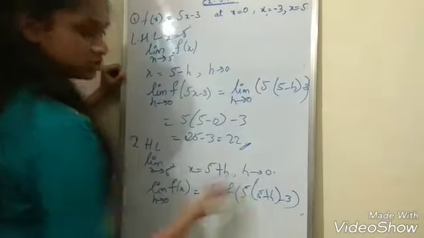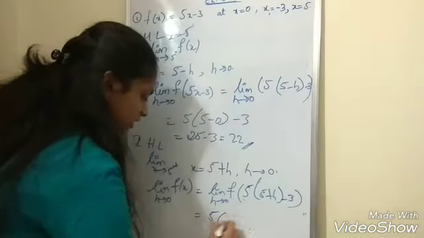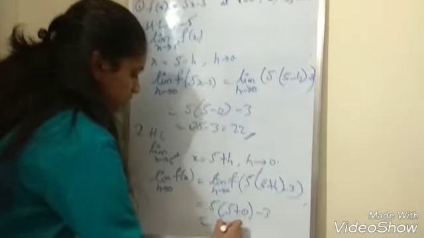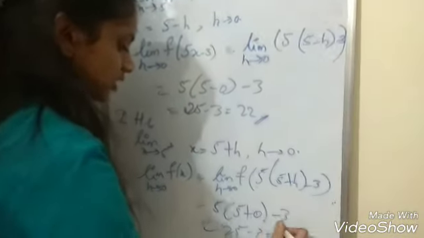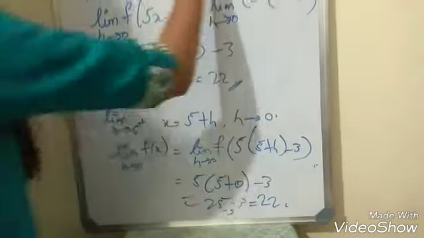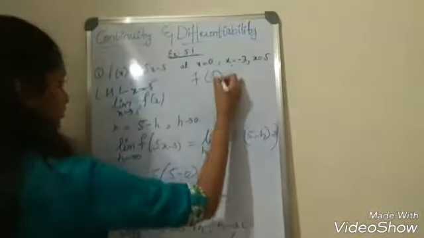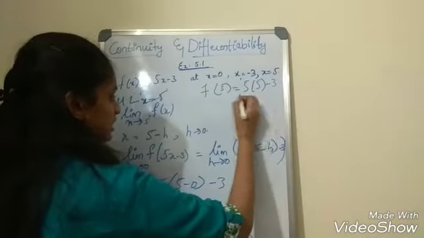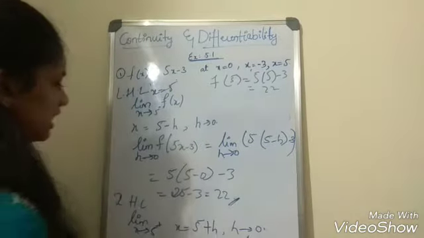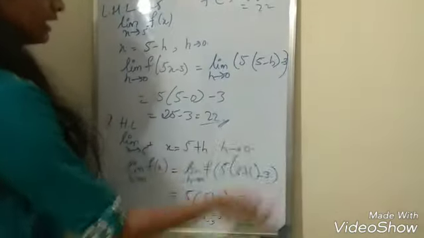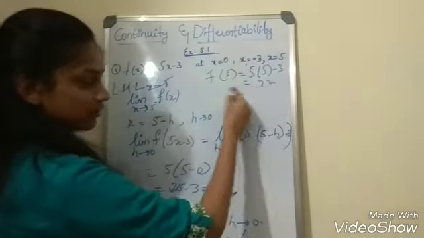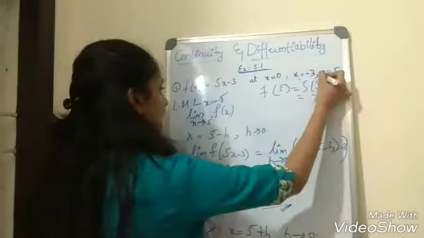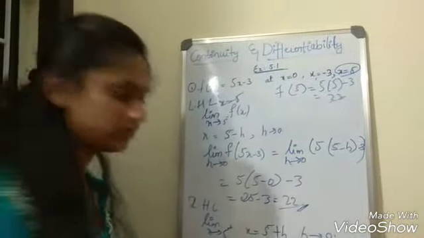Now h is tending to 0, so the value of h is 0. 5 into 5 plus 0 minus 3. 5 into 5 is 25, minus 3 is 22. Now let's check its value of f of 5, which is 5 into 5 minus 3, which is 22. As you observe, its left hand limit, right hand limit, and its value at f of 5 is same. So the function is continuous at x is equal to 5.